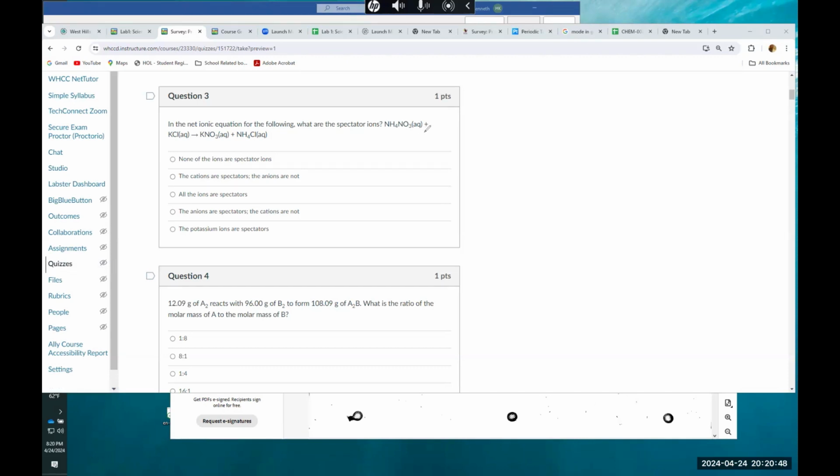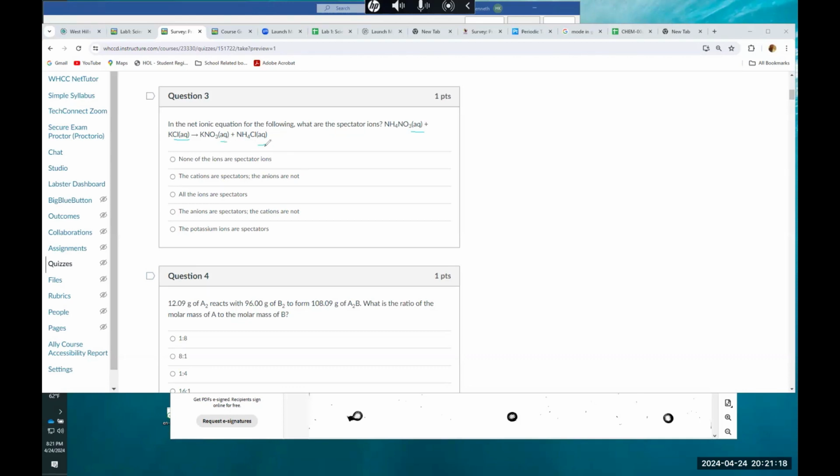Here's a legit quick answer. Anytime you see AQ here, AQ here, AQ here, AQ here, where you have AQs on both sides, that should tell you immediately that everything is spectators and you will not have a reaction.